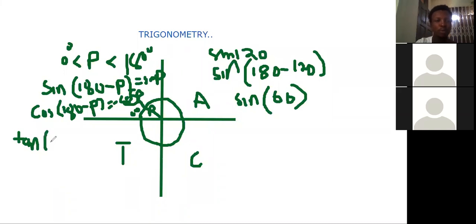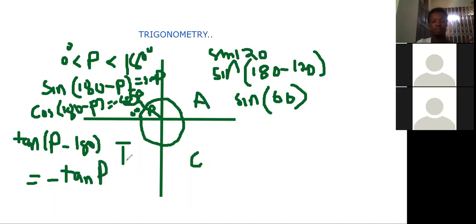So here, if you are finding its corresponding acute angle, it will be P minus 180 instead. And that should give you, in this case, negative tan. So check tan 210 for me.